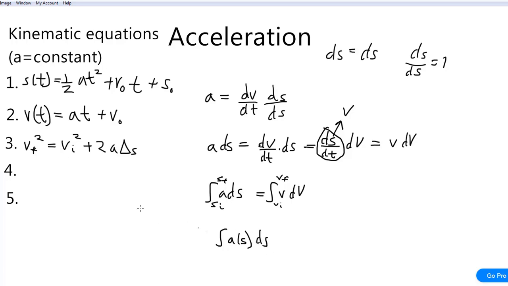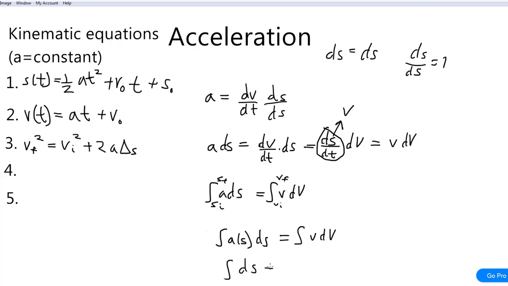It's not one of those guys, just because your acceleration is a function in the end. But you can do this integral. If a is a function of s, or you divide a to the other side, so you have ds still, somehow that's an integral sign.